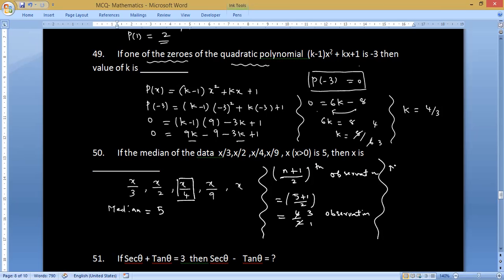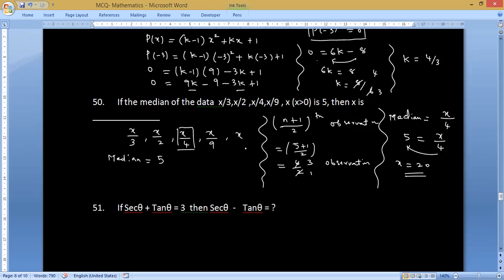So median is equal to x/4. The median given in the question is 5. So x/4 equals 5, cross multiplying, x is equal to 4 fives are 20. So the value of x is 20.